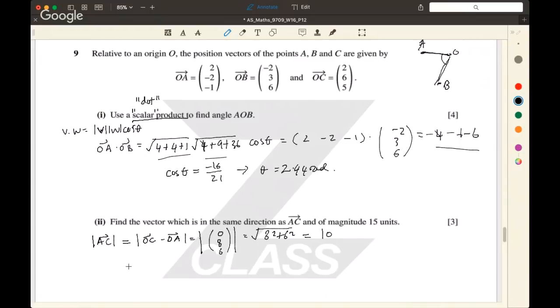So that means that our vector, which is going to be some number times AC, well, first I'm going to divide by the magnitude of AC, and then multiply by the magnitude I want, times 0.86.